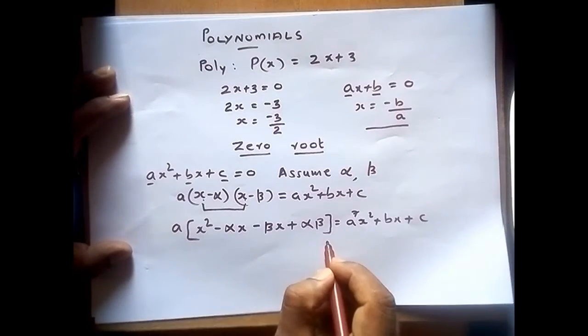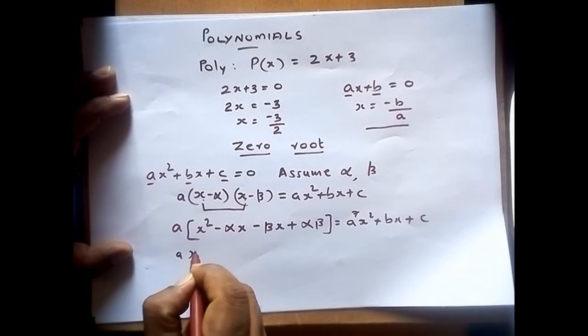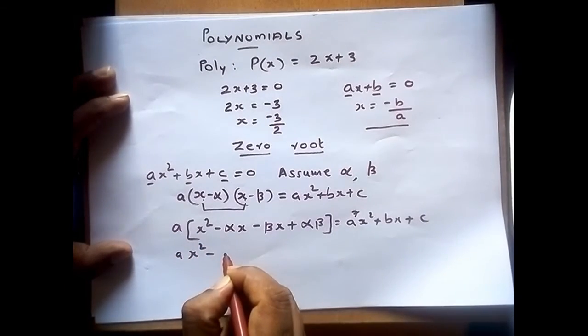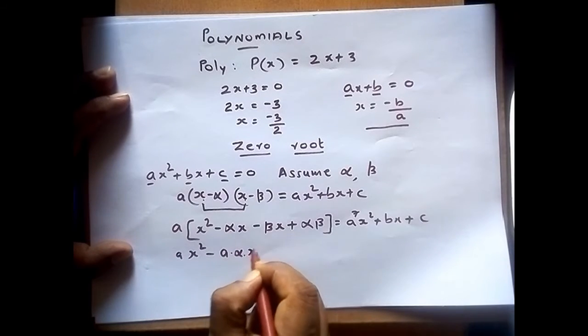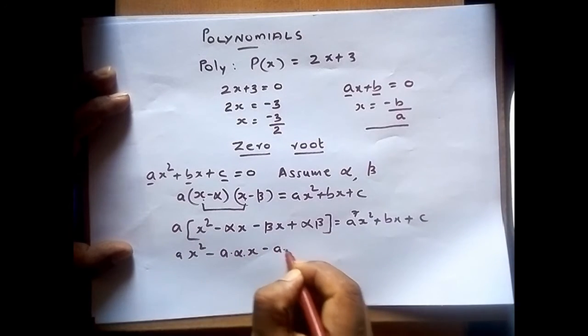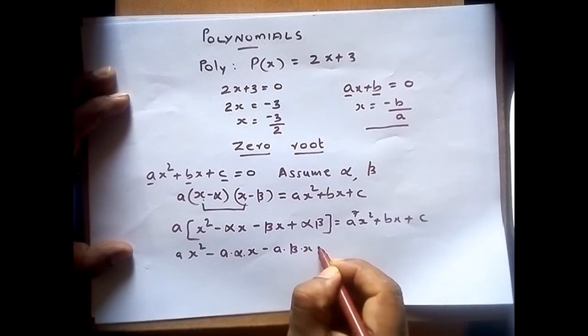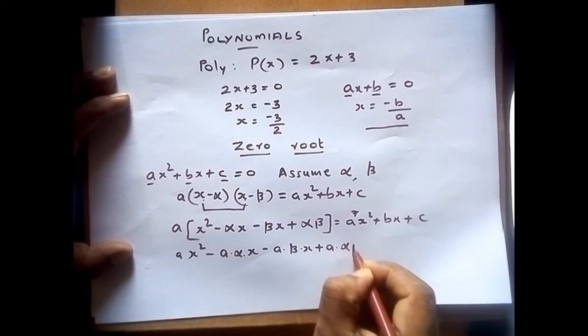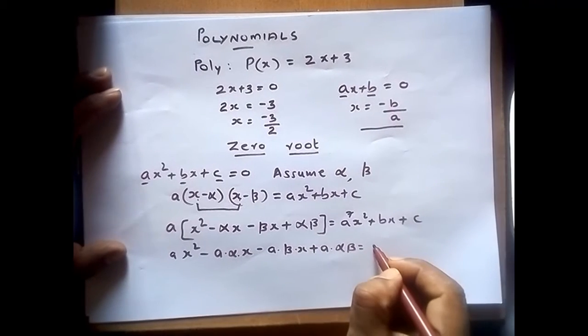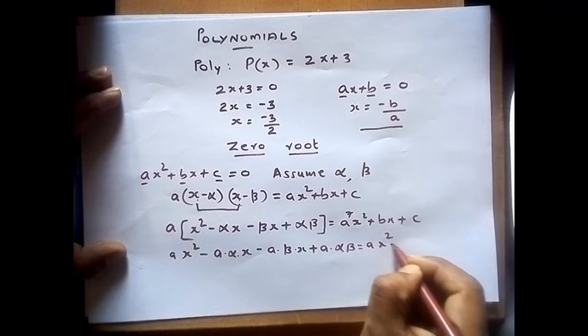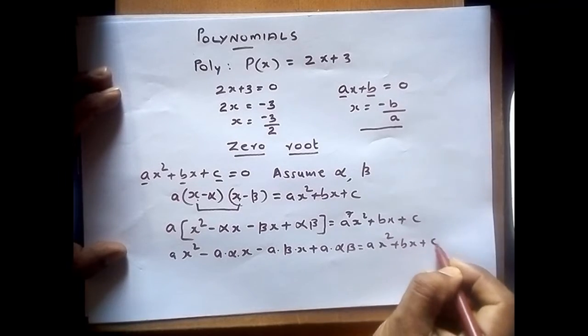We multiply this: ax square minus a alpha x minus a beta x plus a alpha beta equal to ax square plus bx plus c.